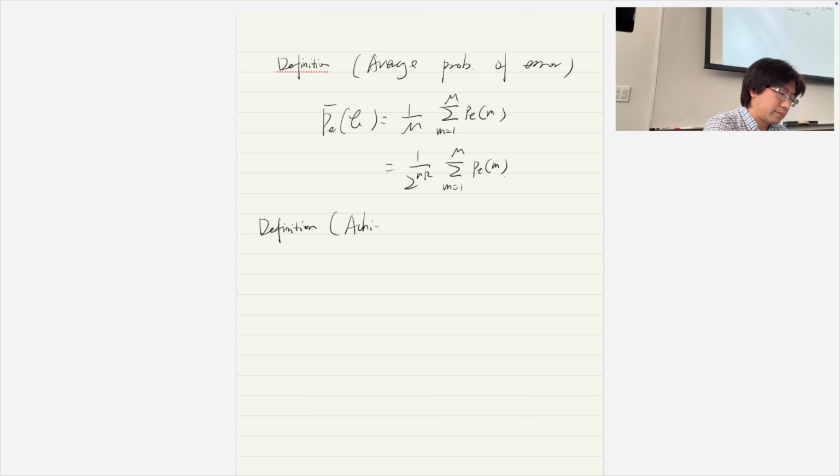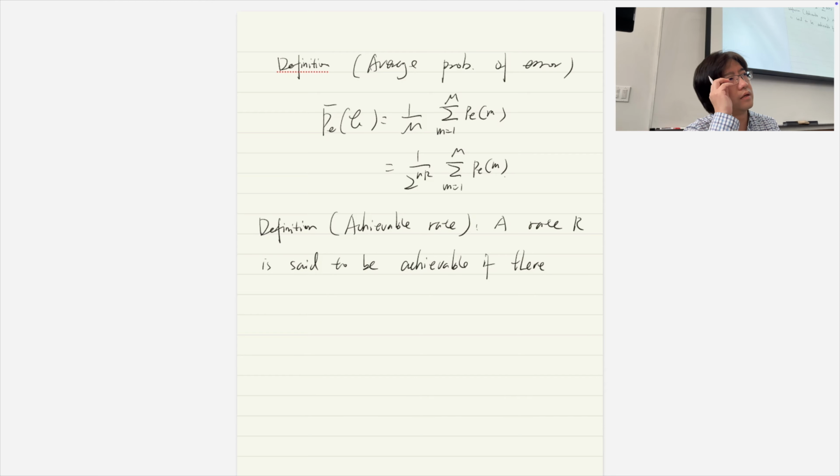So basically, the achievable rate is defined as follows. A rate R is said to be achievable if, again, here we're considering a block code. Then what we need here is a sequence of codes with different lengths, like what we introduced for the source coding.